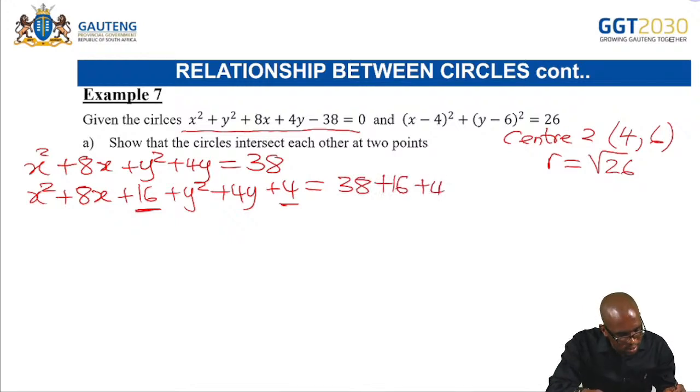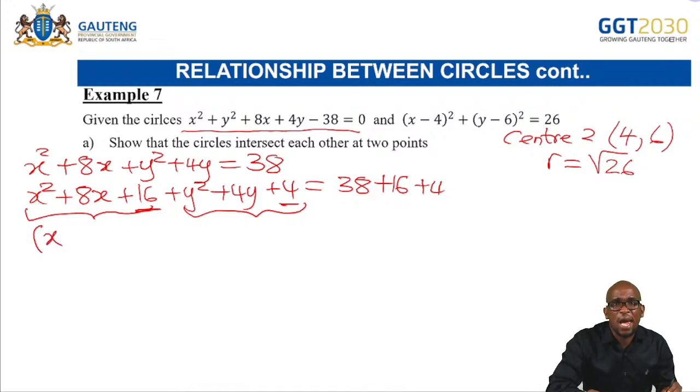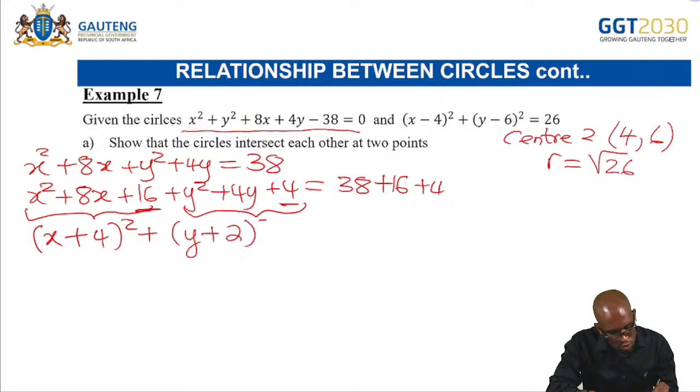When completing the square for the first and for the second, you take the square root of the first term, which is x, and then the sign of the middle term, which is positive, and the square root of the last term, 16, which gives 4, so (x plus 4) squared, plus you do the same for y, (y plus 2) all squared.